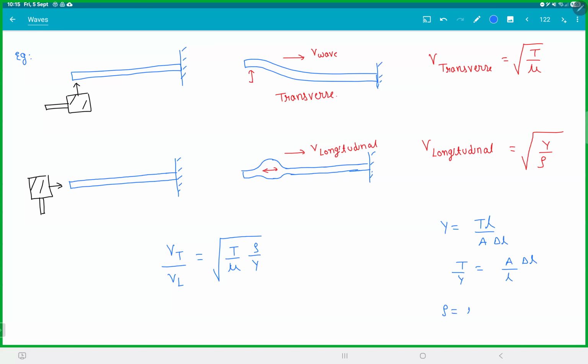And rho is equal to mu into area. So rho by mu is equal to area. Mu by area.